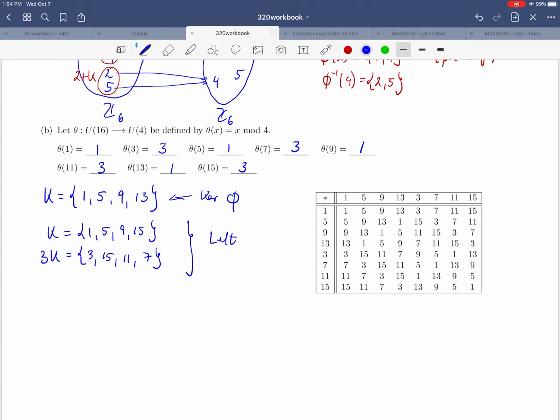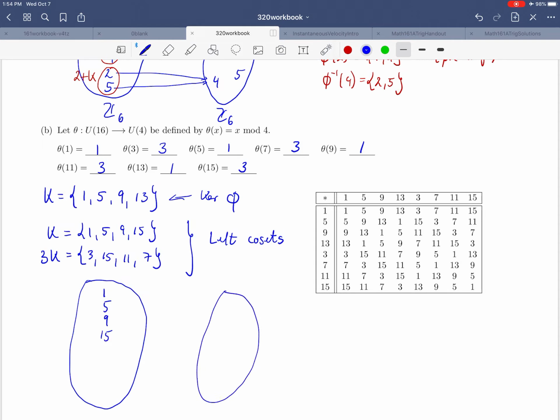So first of all, these are our left cosets. So here I have U16, and 1, 5, 9, and 13 all map to the same element over here. They all map to 1. Every single one of them.